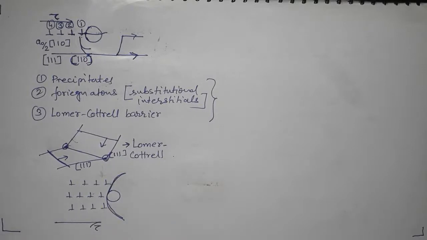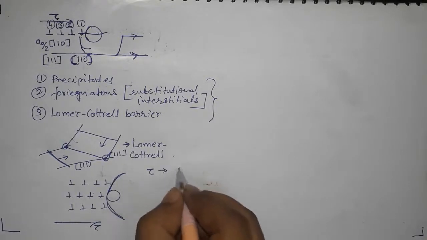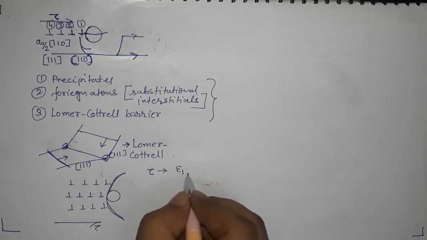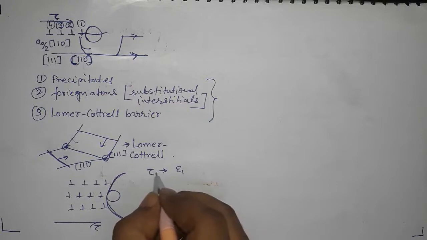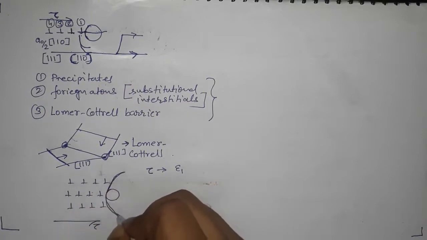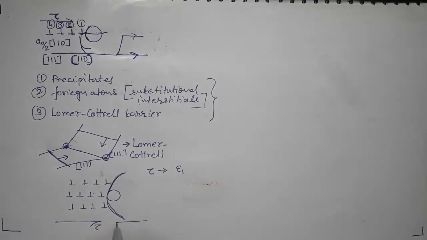Now what will happen if I reverse my direction? I'm applying a stress of tau, and then I deform to a certain strain of epsilon 1, and beyond this I cannot deform if I don't increase the stress, because all these dislocations are blocked, right? Now what if I change the direction of my stress, what if I reverse it? So I apply minus tau.